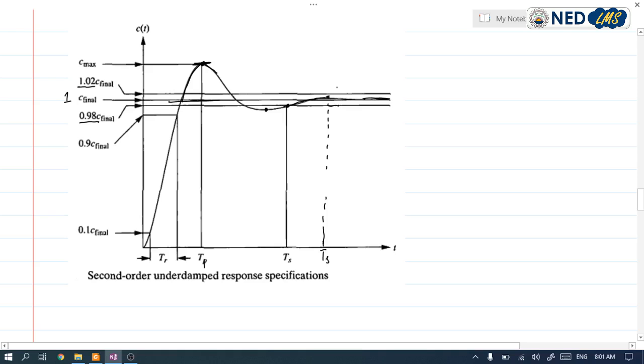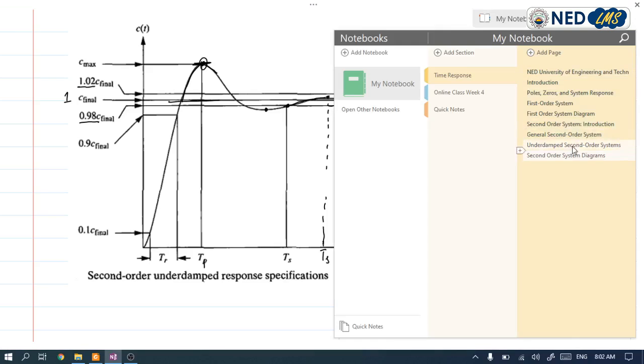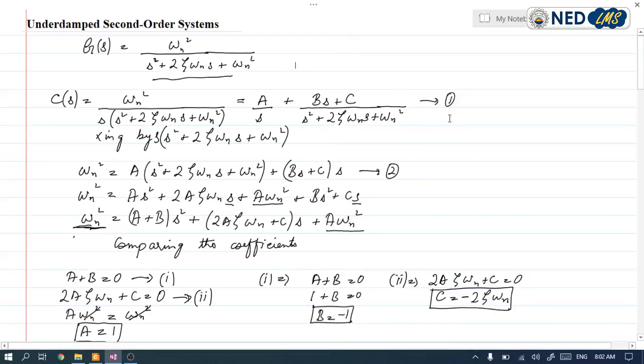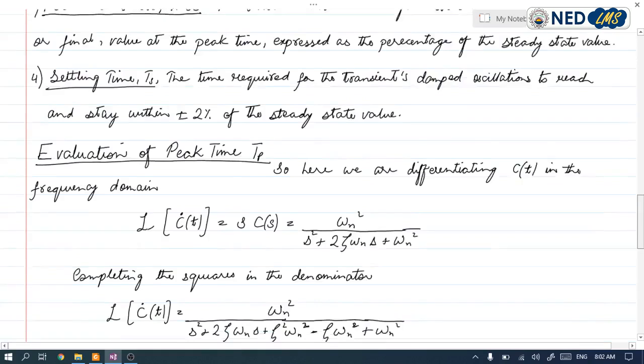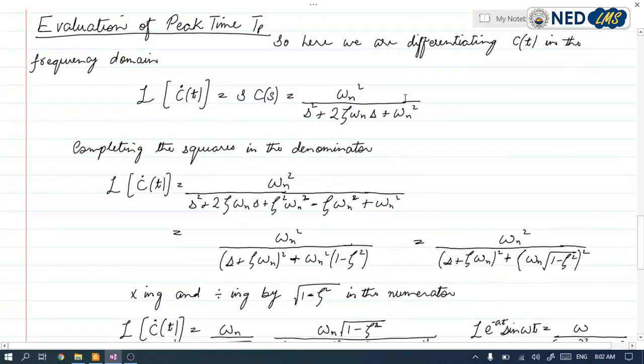So we will generalize our final equation, and then we will evaluate our answer for only this point, which is our peak point. So here we have the derivation for the peak time.